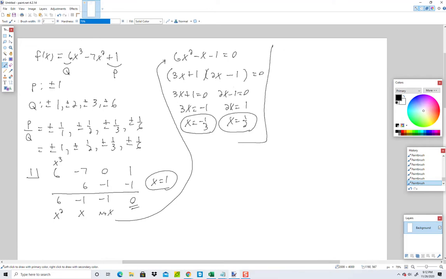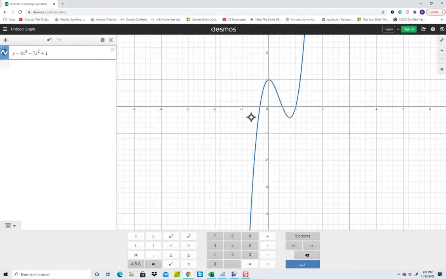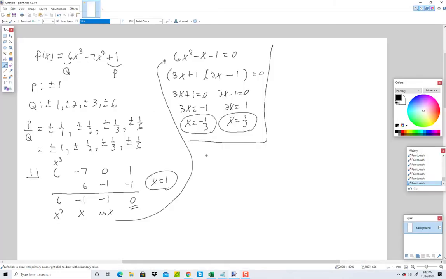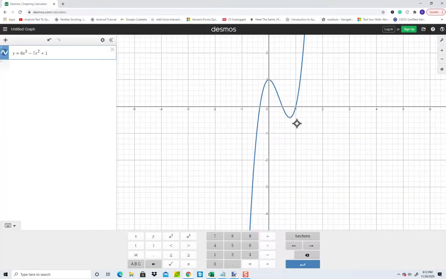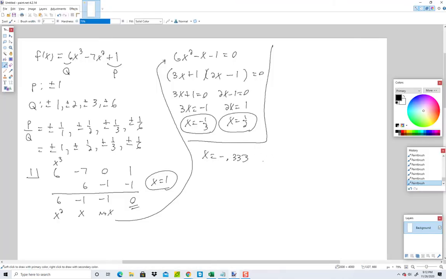If I was doing this with the graphing calculator, I'd have negative 0.333, 0.5, and 1.